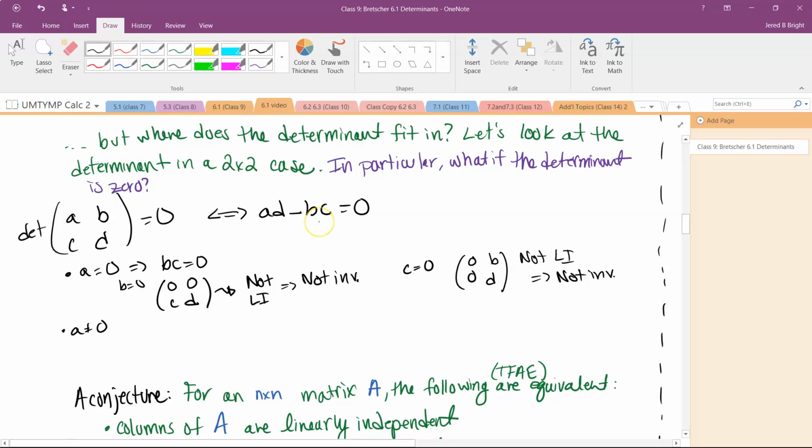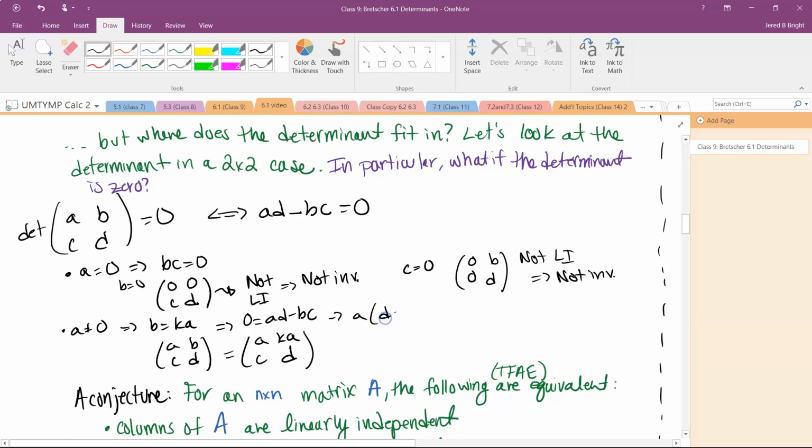Then it could be the case that B is equal to a multiple of A. So I'm still looking at A, B, C, D, and from this condition, I have A, kA, and then C, D. But then if I have the condition 0 equals AD minus BC, I can factor an A out, and I'd be left with D minus kC equal to 0.